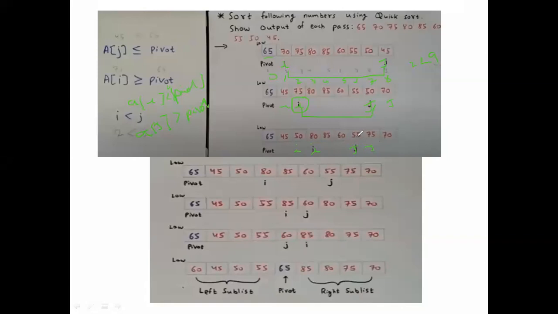Now j is less than pivot, the condition is false, stop here. Then check the values of i and j. Here index is 3, here index is 6. 3 is less than 6, condition true. Then swap these two values. The high stays here only.